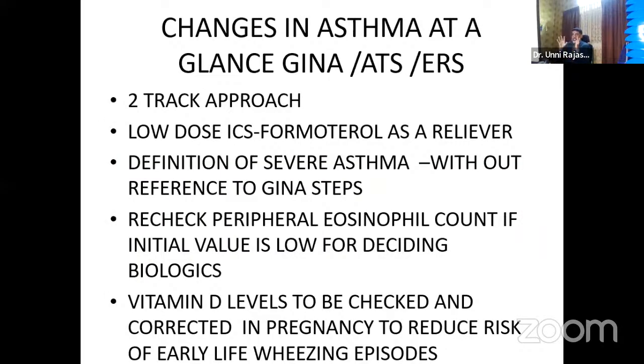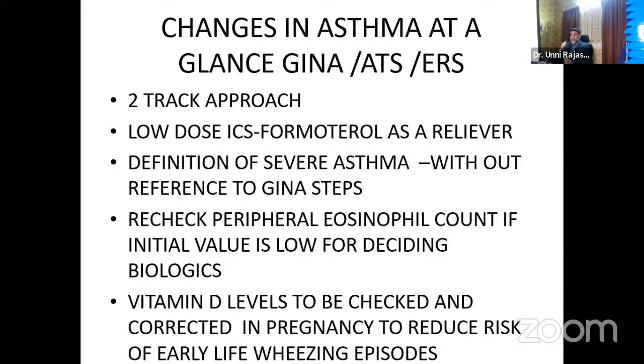There are changes in asthma at a glance in GINA, ATS, and ERS. Some of the salient features I will mention. The two-track approach, with low-dose ICS-formoterol as a reliever, and the definition of severe asthma without reference to GINA steps. So whether they are at step 1, 2, 3, 4, or 5 doesn't matter for whether they are severe; the definition of severe is different.